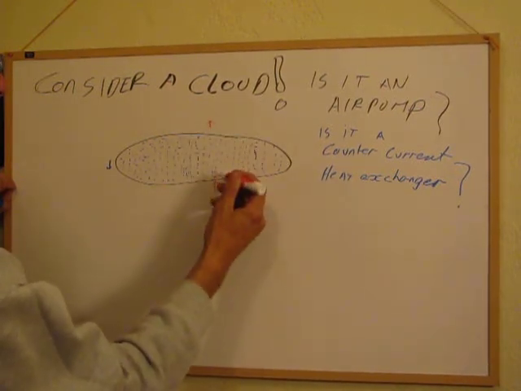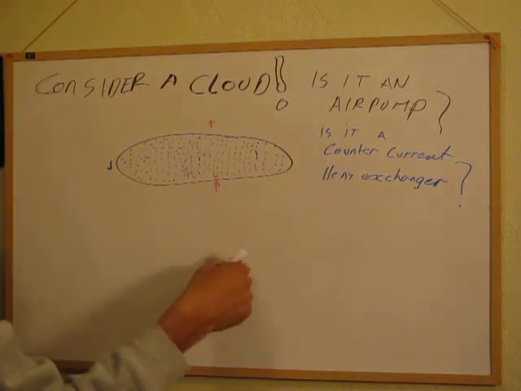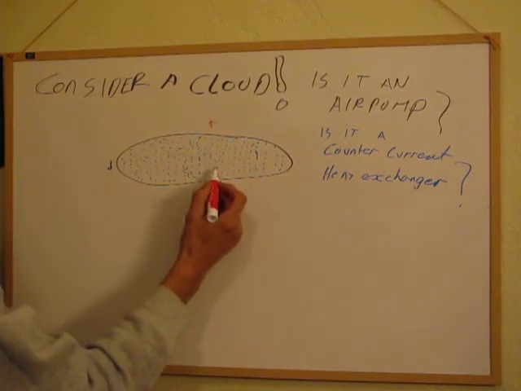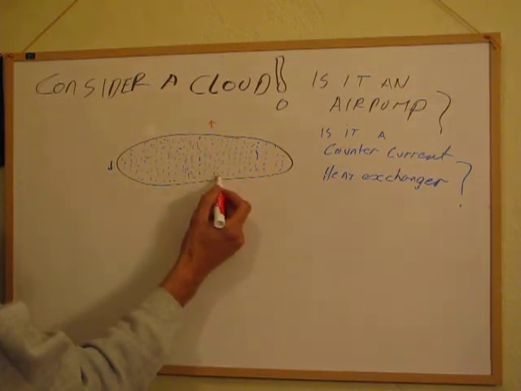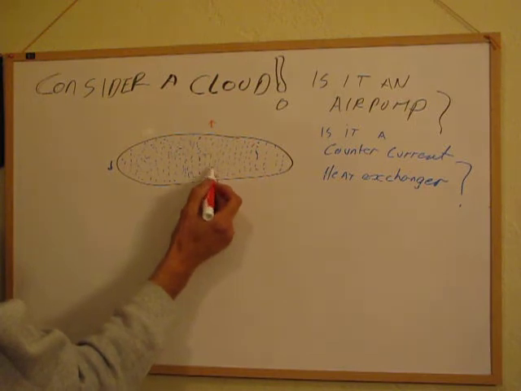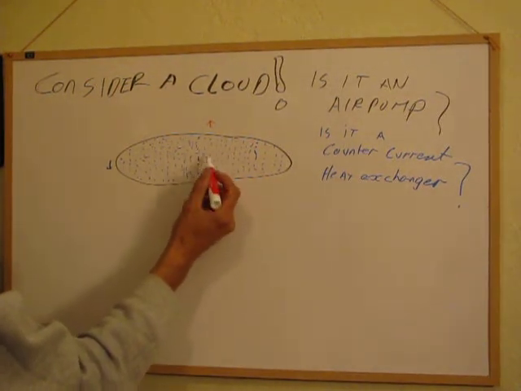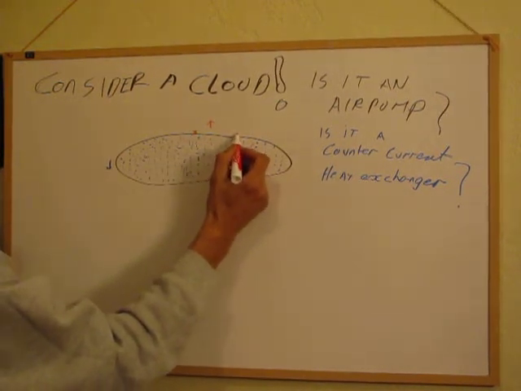The water doesn't contract or anything, but air rising expands. So it's expanding as it goes up, and that means it's going to end up being saturated with water vapor as it comes out through the edge of the cloud.